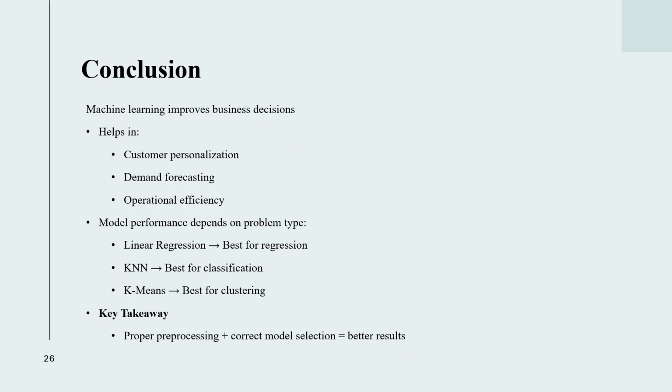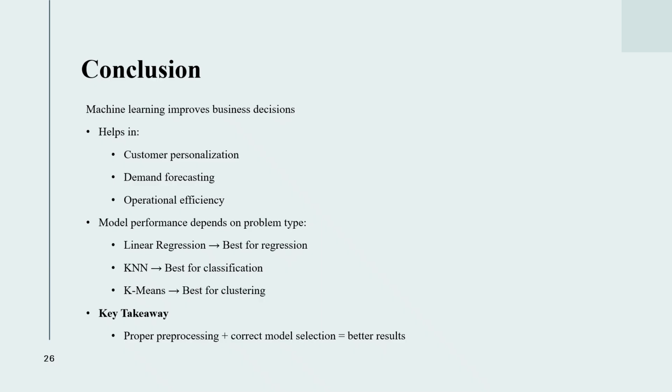So, to conclude, machine learning plays a critical role in improving business decision making by enabling data-driven insights. It helps organizations enhance customer experience through personalization, improve operational efficiency through forecasting, and optimize resources efficiently. In this project, we observed that proper data pre-processing is essential before applying any machine learning model.